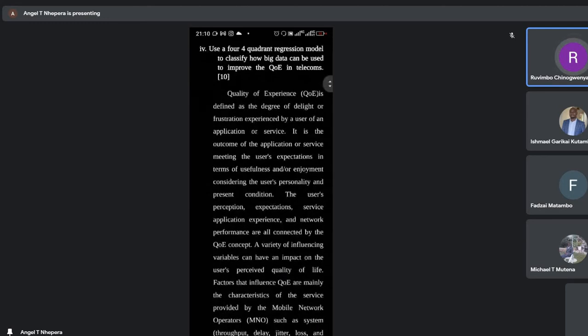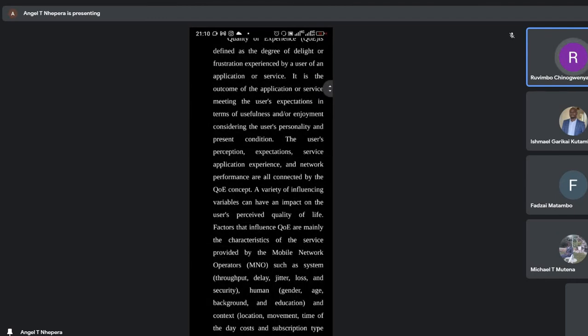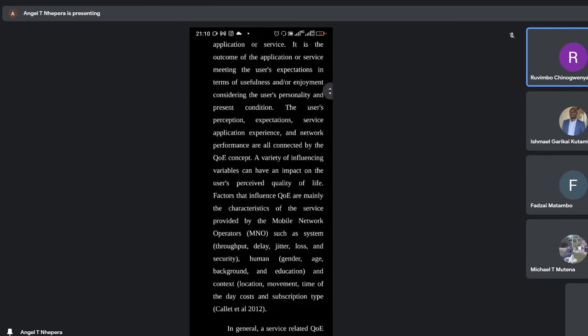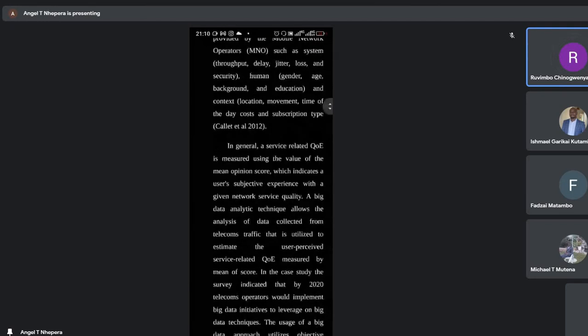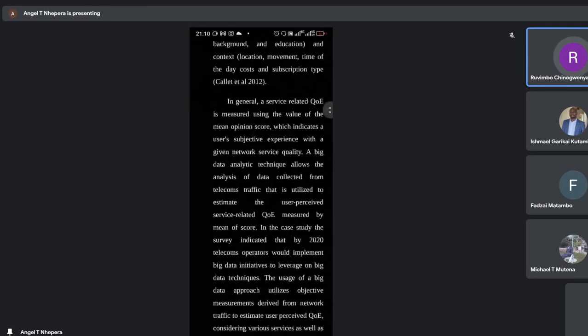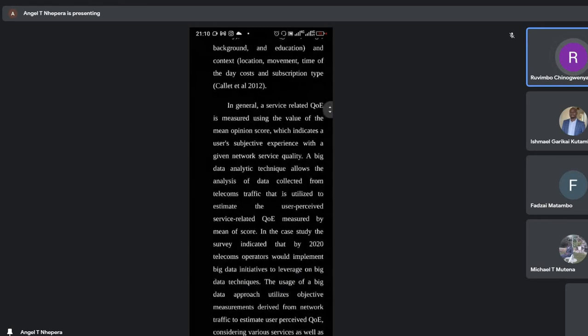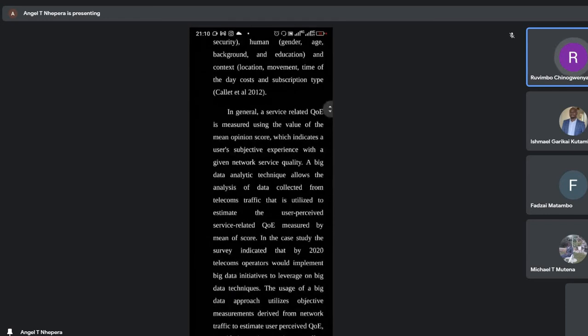So in general, a service related with the quality of experience is measured by the value of the mean opinion score, which indicates a user's subjective experience with a given network.